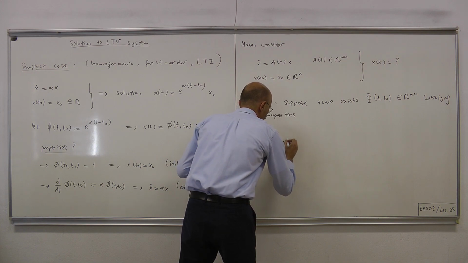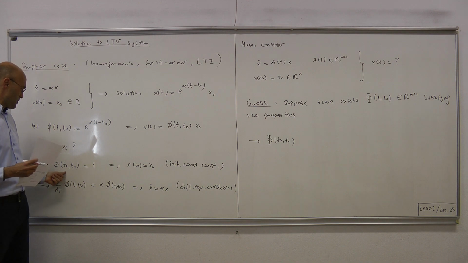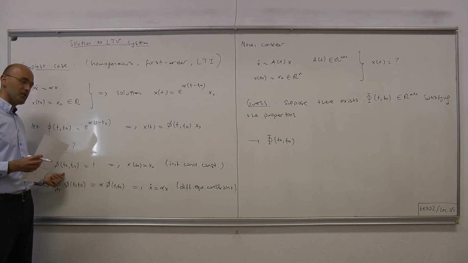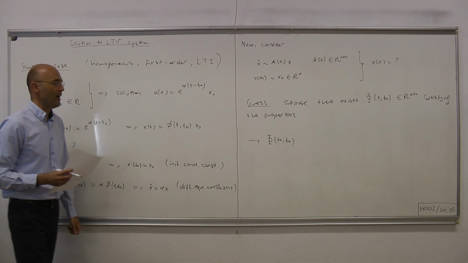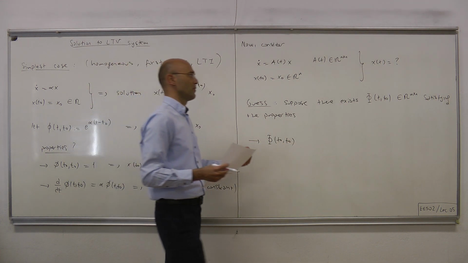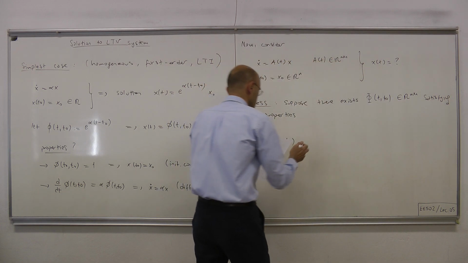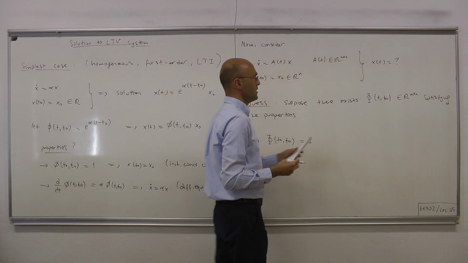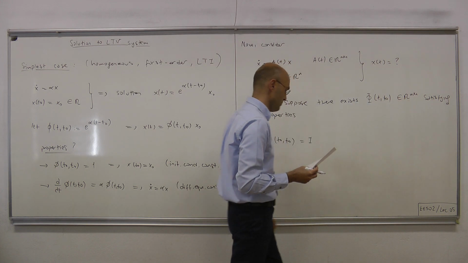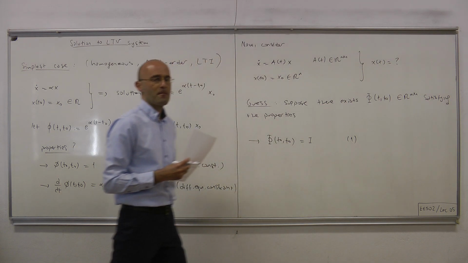If both arguments are equal, in the scalar case we have this function equals 1, and now that 1 will be replaced by the identity matrix, the n by n identity matrix. Let's call this property 1.